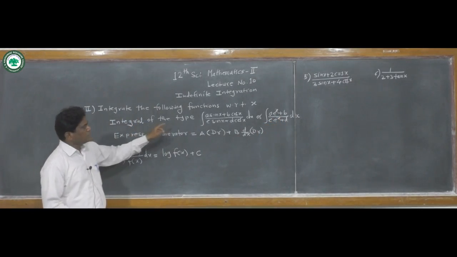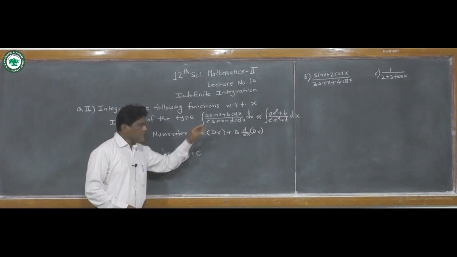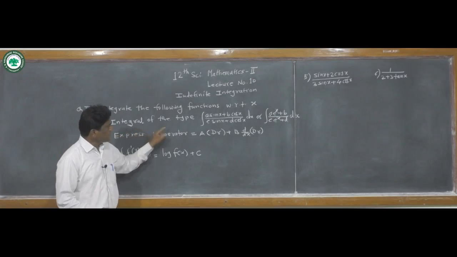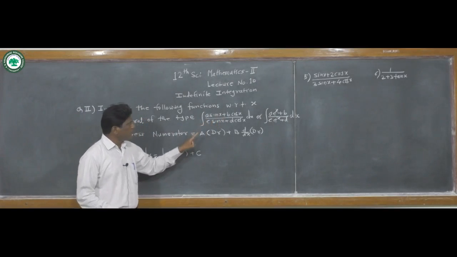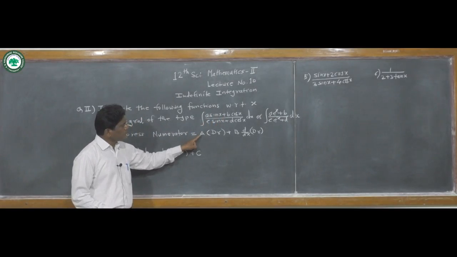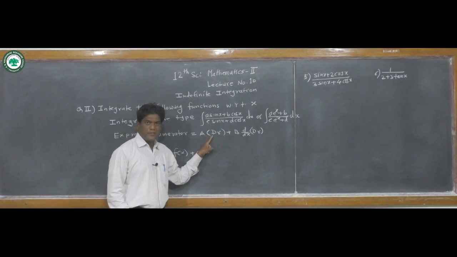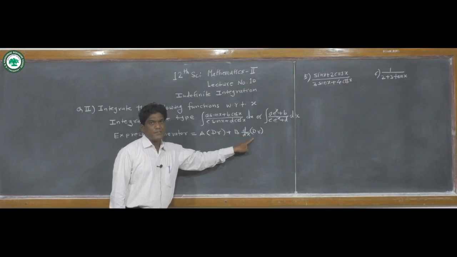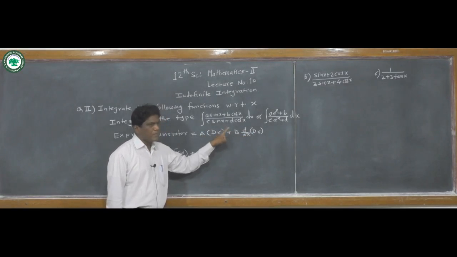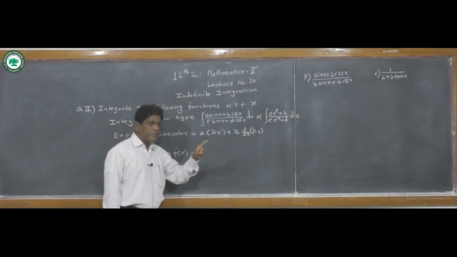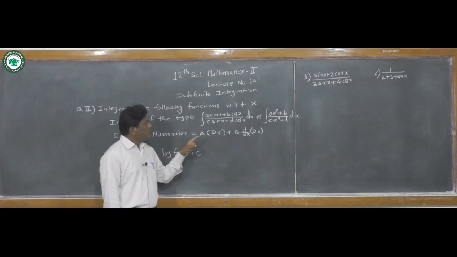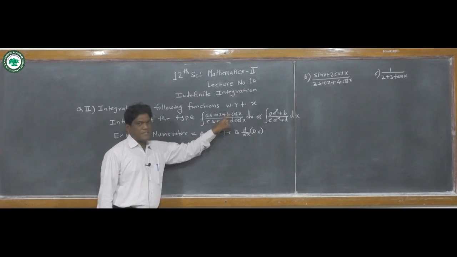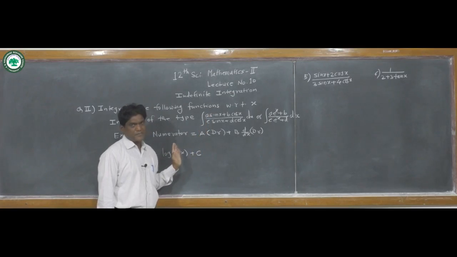To solve these problems, we express the numerator as a into denominator plus b into derivative of denominator, and then find out the values of a and b by equating the coefficients of sin x and cos x on both sides.